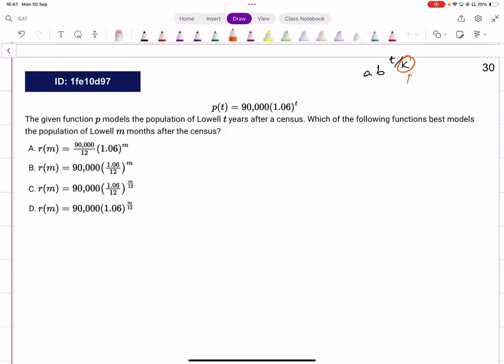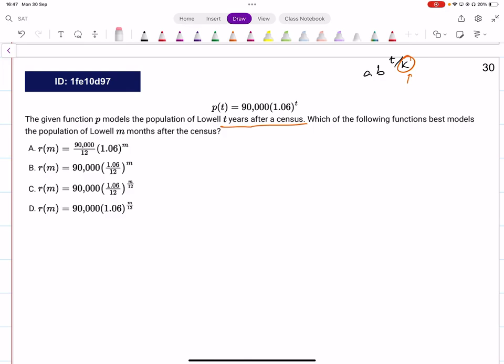The number of time intervals after which the number increases by this factor. The original t is in years.